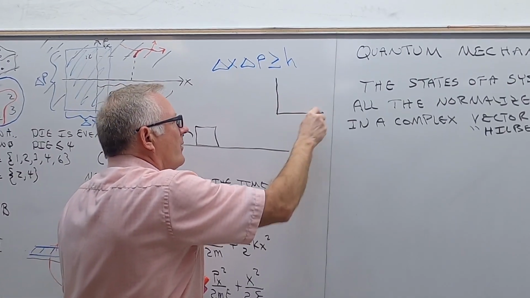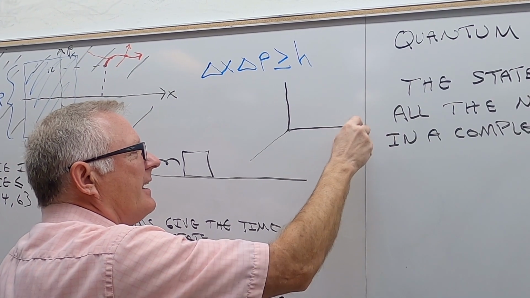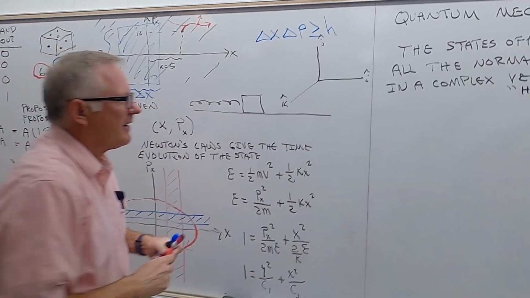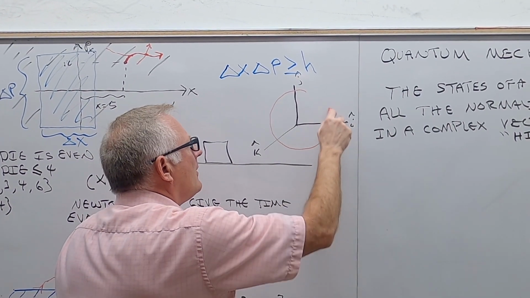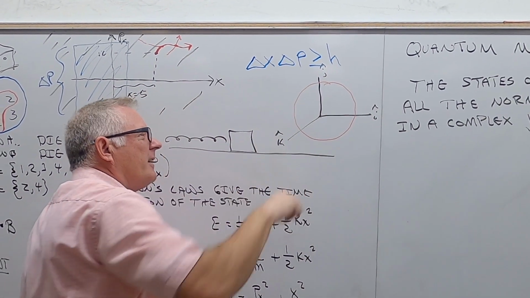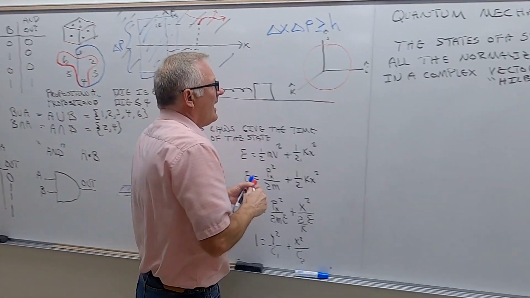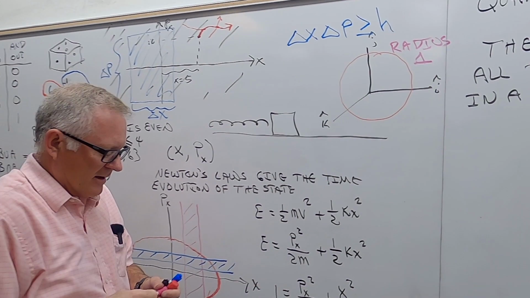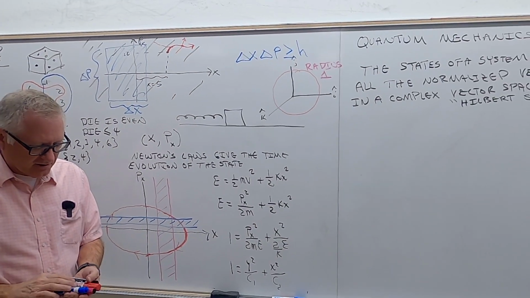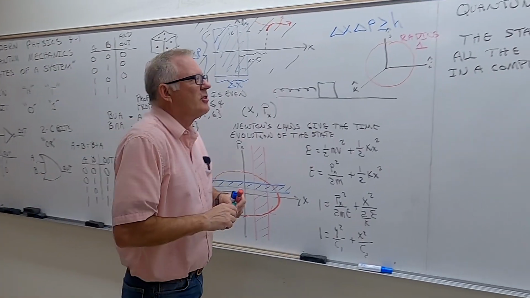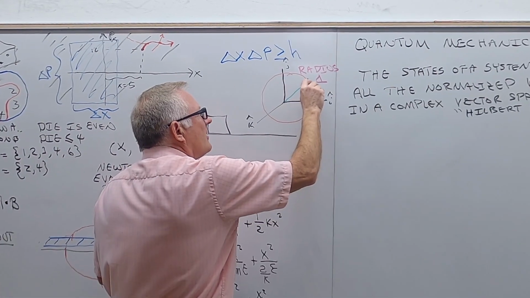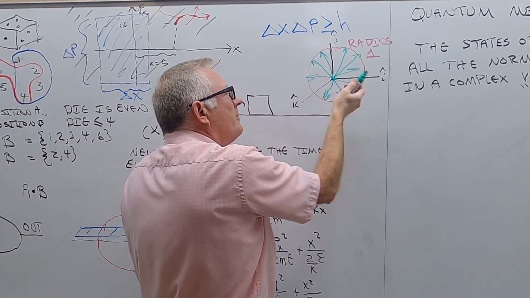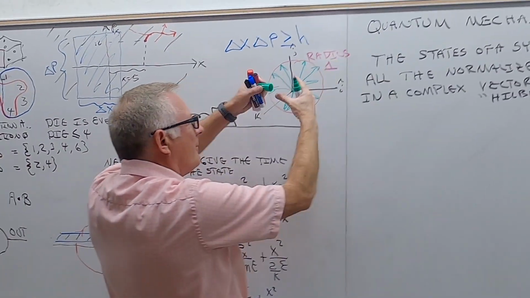Well, if you could draw 3 dimensions, we would call it I, J, K, I guess, or X, Y, Z. Now, if you draw a unit sphere of radius 1, then every single vector that starts at the origin and goes to the surface of the sphere, there'd be an infinite number of them all in different directions, all coming outward right here.